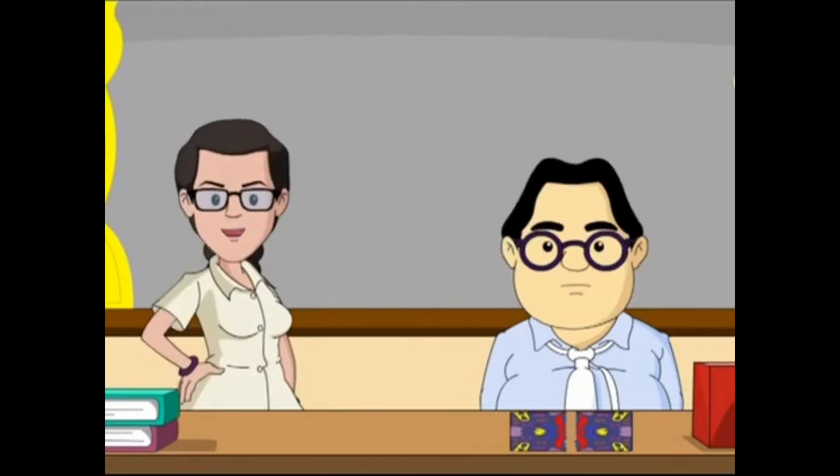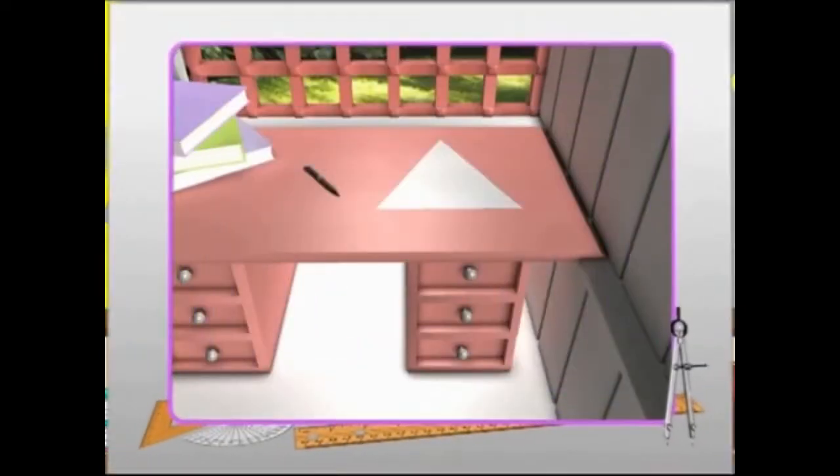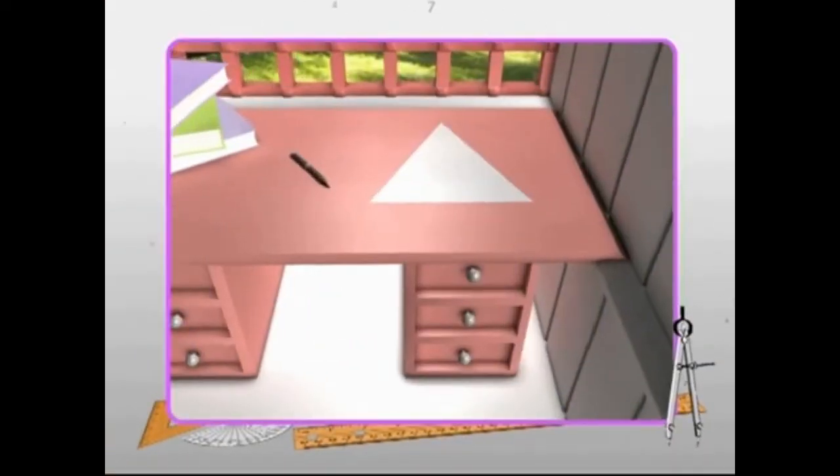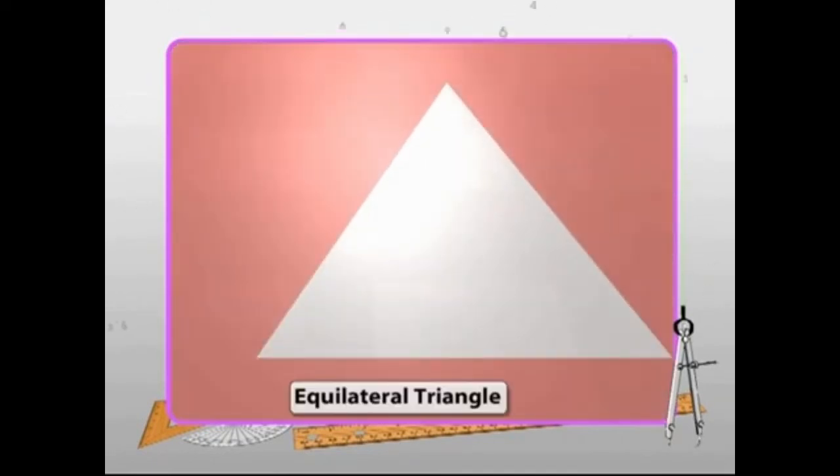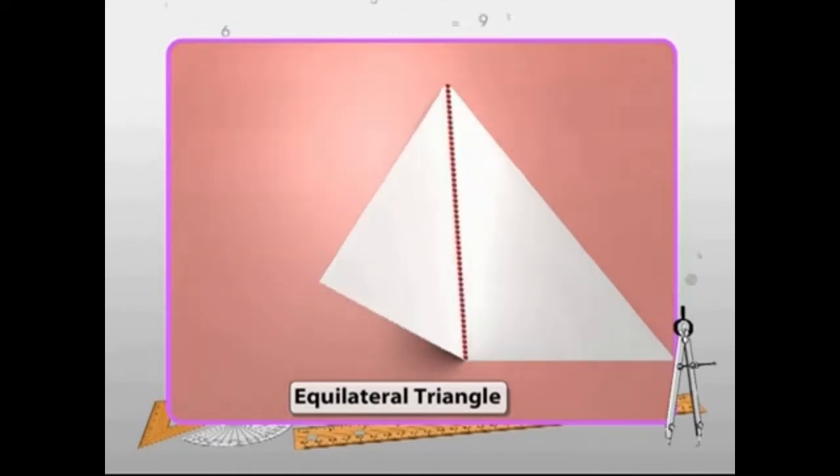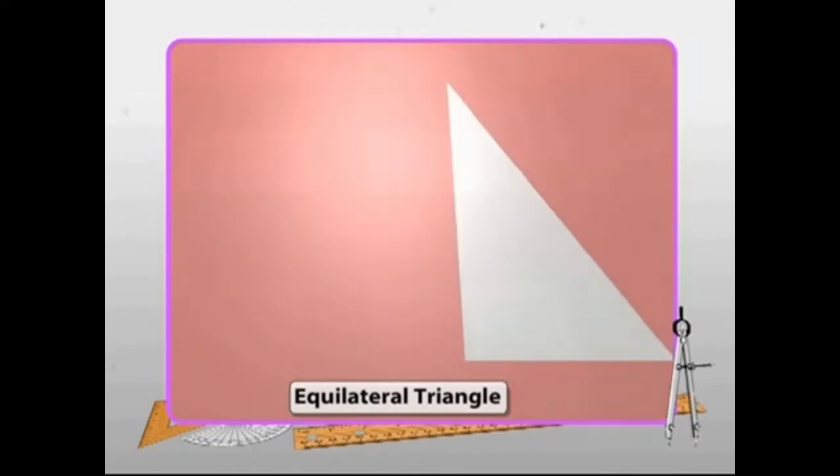So let's go to the virtual world to see some more figures and their line of symmetry. Consider an equilateral triangle. Can you guess if it has any line of symmetry or not? A simple test to determine if a given figure has a line of symmetry or not is to fold the figure along the supposed line of symmetry and check if the two halves of the figure coincide.